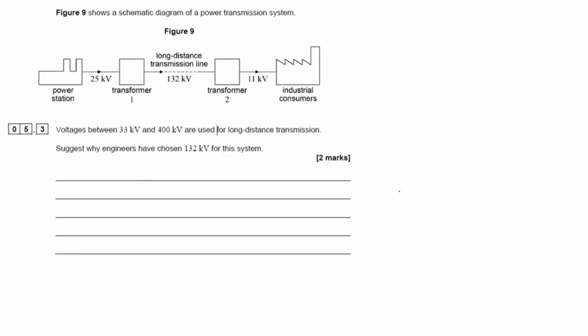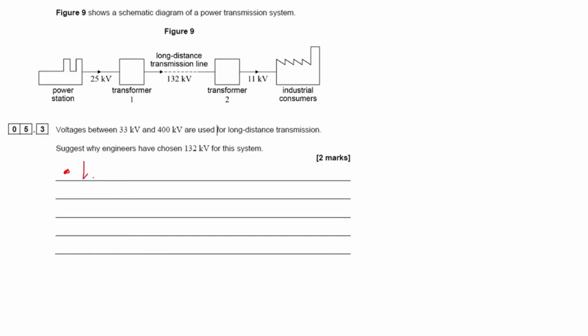In this question there are reasons why high voltages are used in power transmissions, but what's often missed is that there is a limit to that voltage. You can't have it really, really high, like millions of volts. So the first mark comes from our usual sort of understanding of high voltages. This goes back to what you might have learned from GCSE.